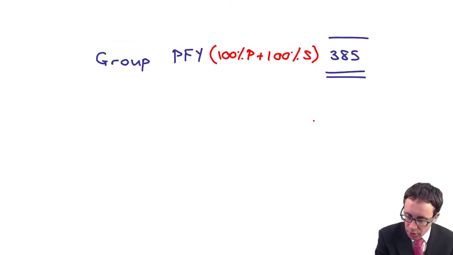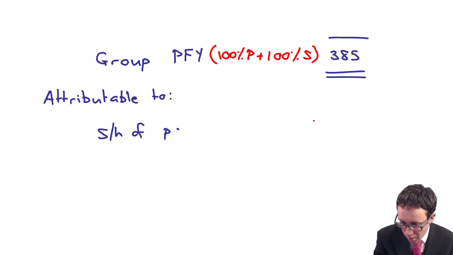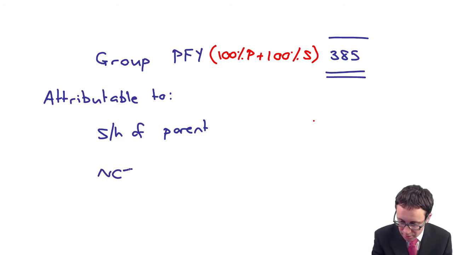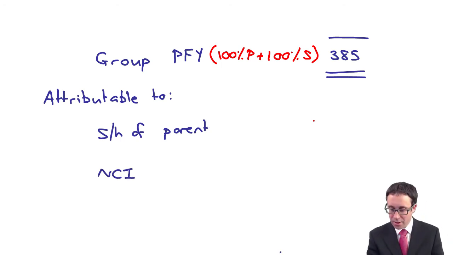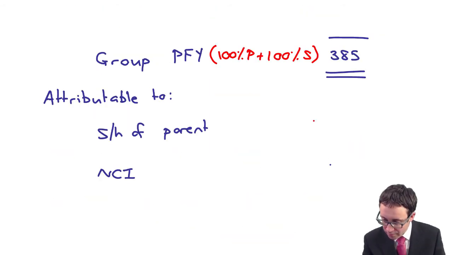Then what we go through and do, remember, is that then gets split, isn't it, into the amounts attributable to the shareholders of the parent, so Maryland shareholders, and then the NCI. We've worked out the NCI at 47.45.